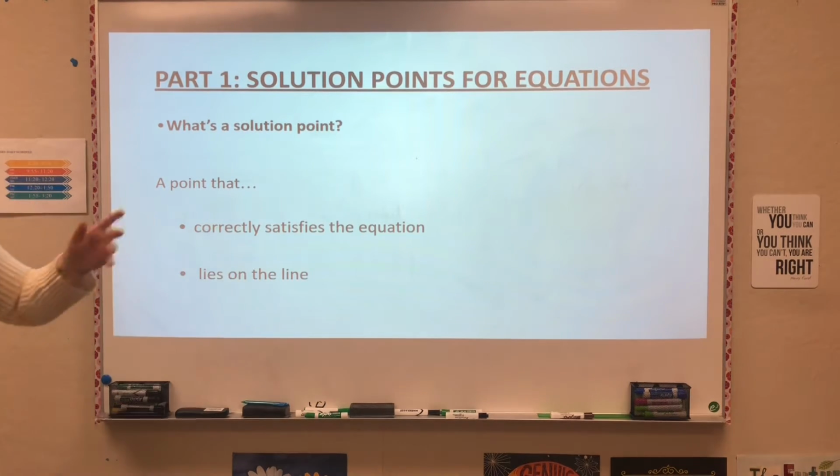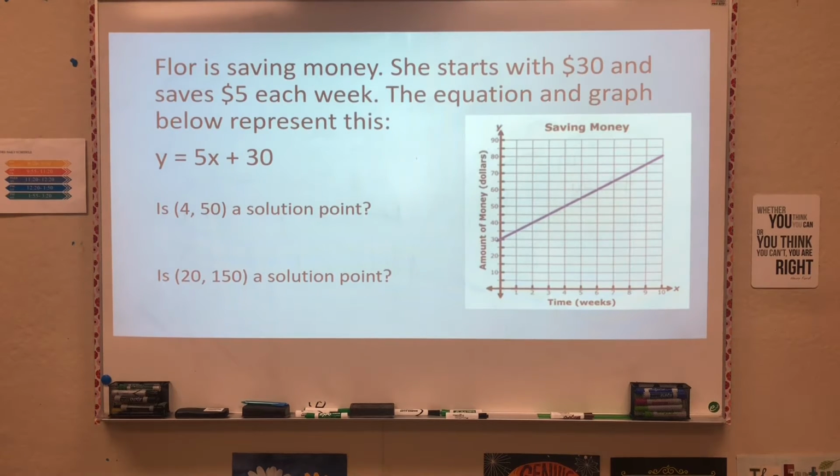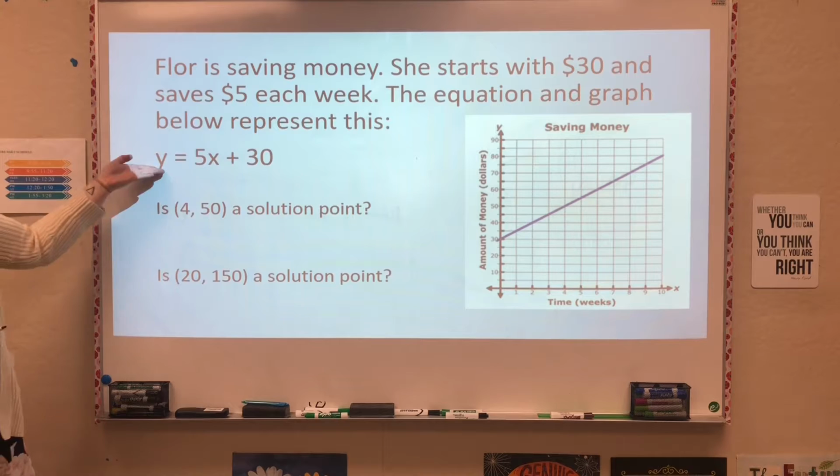So to help this make more sense, we're going to start off with an example of something you saw back in Algebra 1A. So I've got a story problem here that says Flora is saving money. She starts with $30 and saves $5 each week. The equation and graph below represent this. And you've got 2 ways to see it. I've already turned this story into an equation for you.